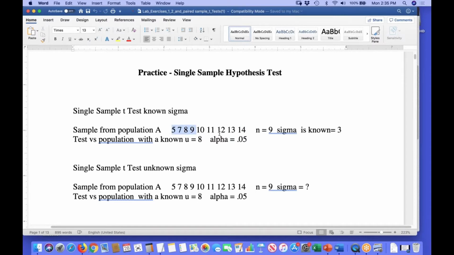The central limit theorem allows us to generalize as the sample size gets larger, to be not so concerned about how normal the original population is. The larger the sample size becomes, the less we have to be concerned about how normal the original population is.